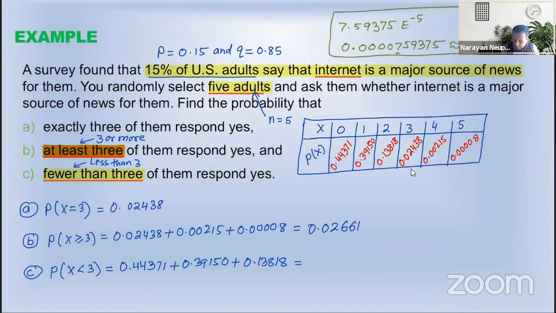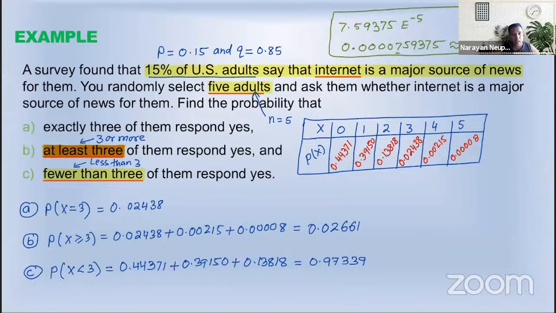Please add these numbers. 0.97339. You are right. That's true. Very good.